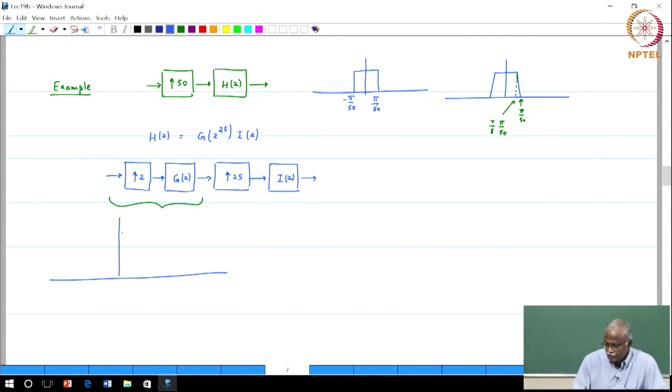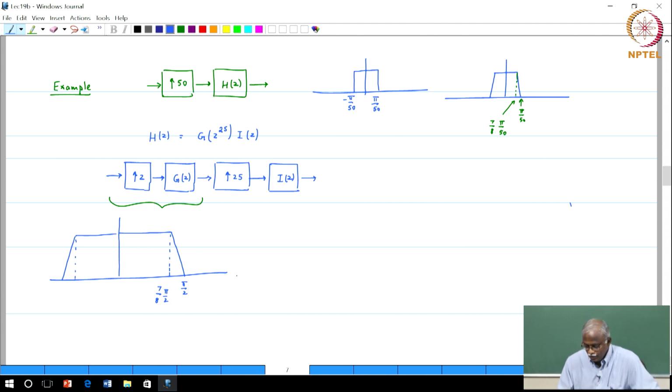G of z should cut off at pi over 2, and keep in mind that we are going to retain the same passband relationship. So, this would be 7 by 8 times pi over 2, and of course, if you draw it on the other side, again you will see this is the behavior.